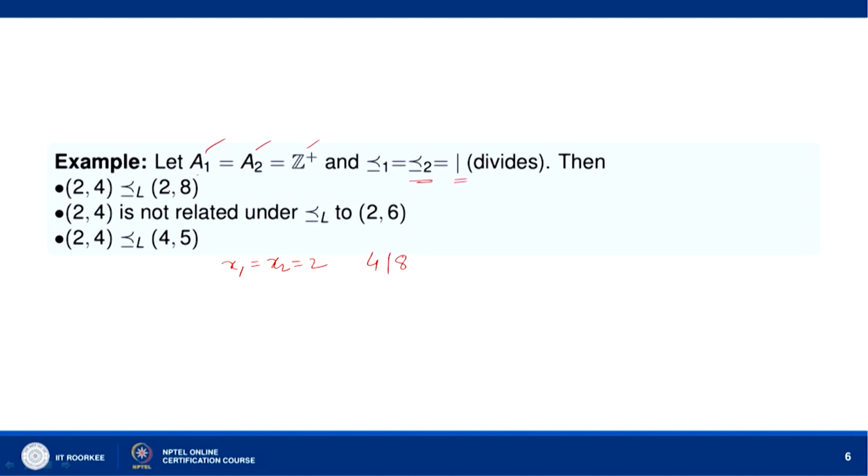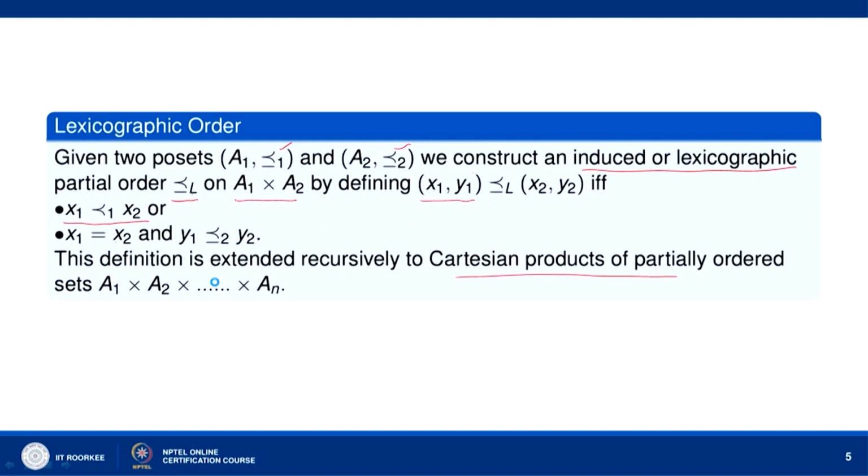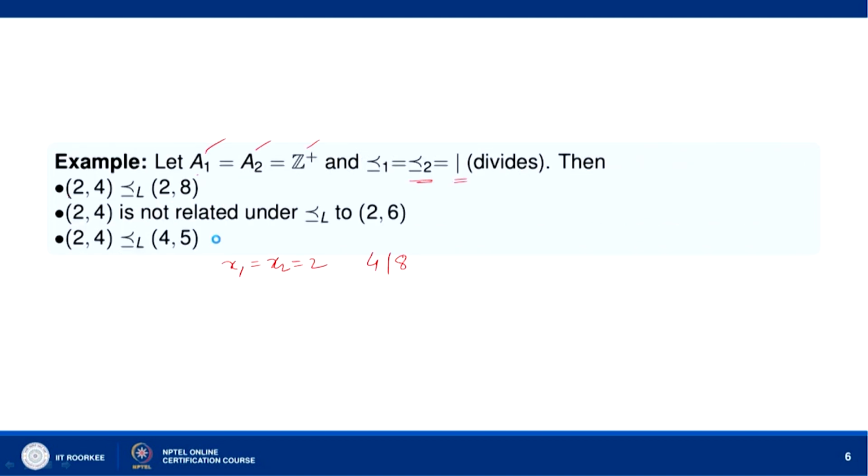So this condition holds true here: x1 equal to x2 and y1 precedes y2, where precedes here is divisibility. So y1 divides y2, that means 4 divides 8. So we have (2, 4) lexicographically precedes (2, 8).